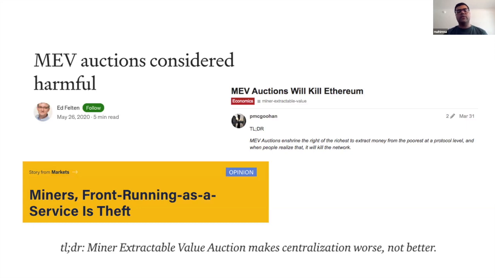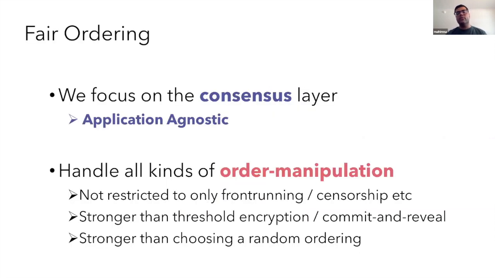Another problem is that the rich get richer, because only those searchers who are able to spend a lot of money to find the best ordering can bribe these miners and extract the value from the system. So basically the claim is that miner extractable value auctions can make centralization worse, not better, as is argued by their proponents.